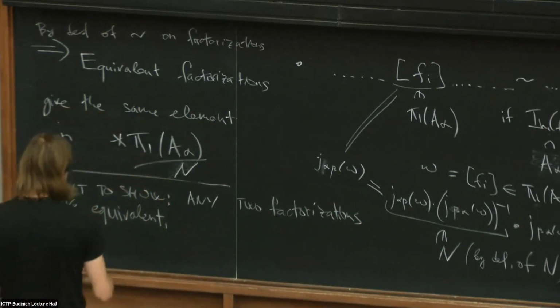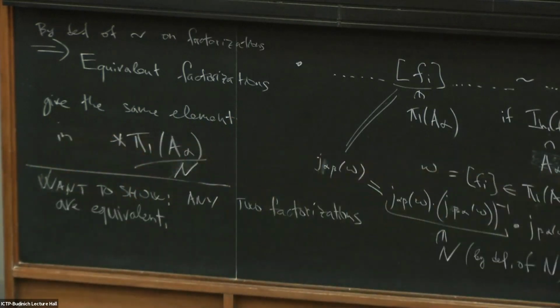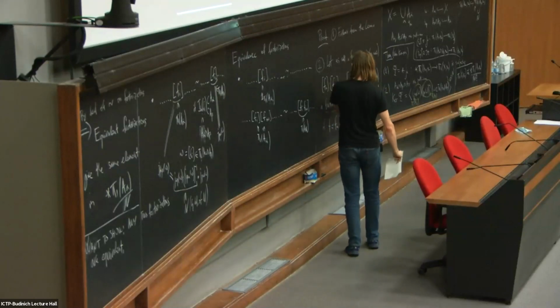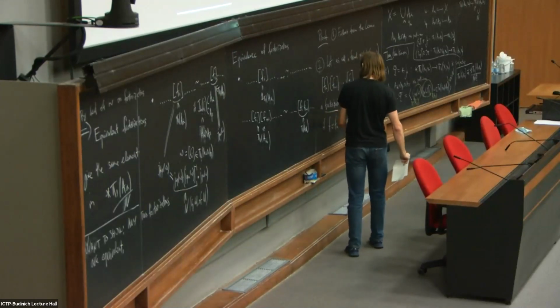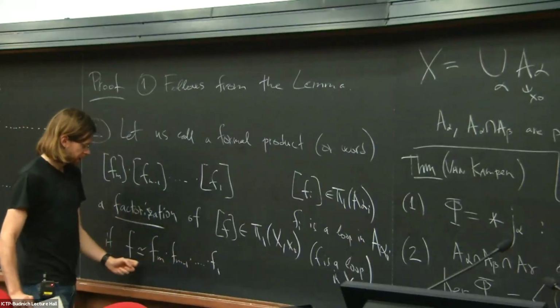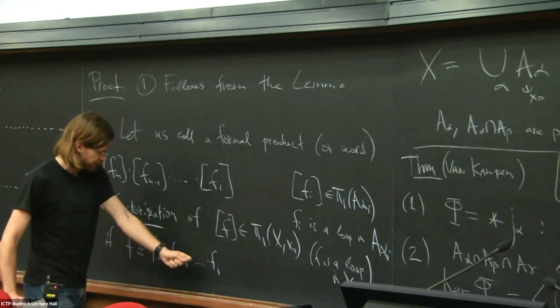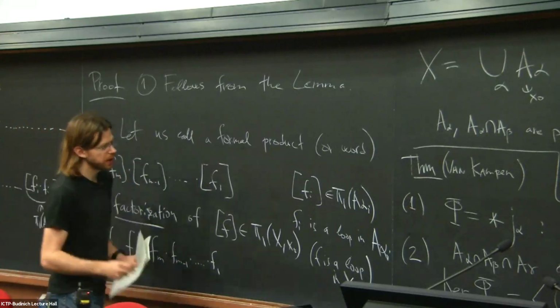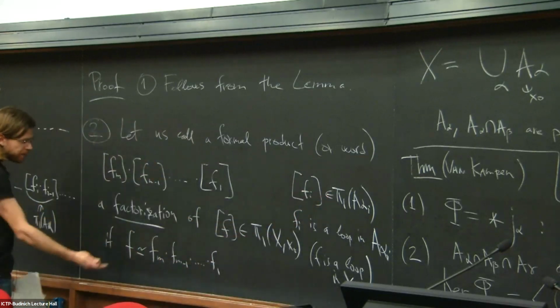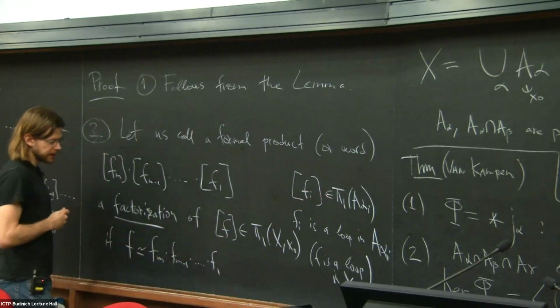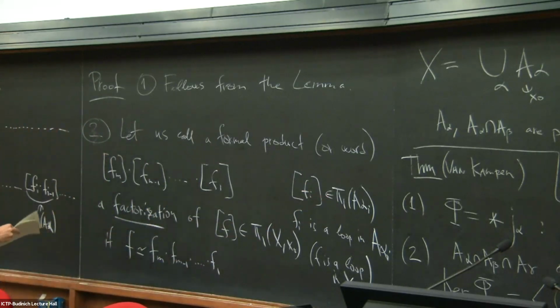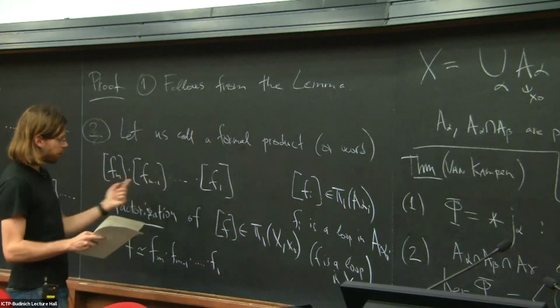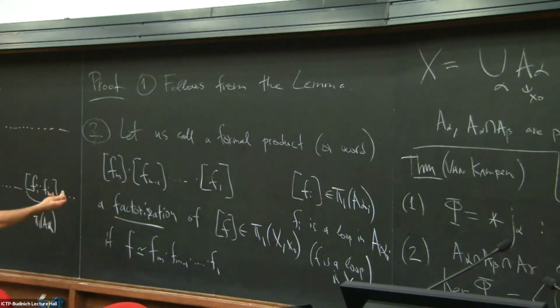Meaning that if I choose any other factorization, meaning a sequence of F_i's such that the composition of these F_i's, the small loops living in A alphas, is path homotopic to F, if I take any other sequence like this, the corresponding formal product will necessarily be related to our original factorization by a sequence of such relations as we have here.